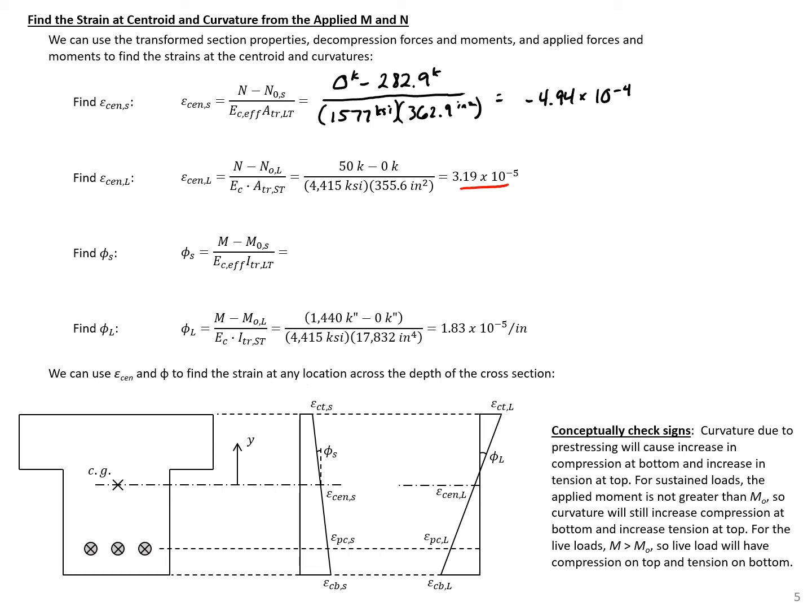So then we can come with our sustained load and find the curvature. So we have a sustained load here of 600 kip inches minus 1,020 kip inches divided by our effective modulus, 1,577 KSI, times our transform moment of inertia, 18,460 inches to the fourth, will give us a curvature here of negative 1.44 times 10 to the negative fifth radians per inch.